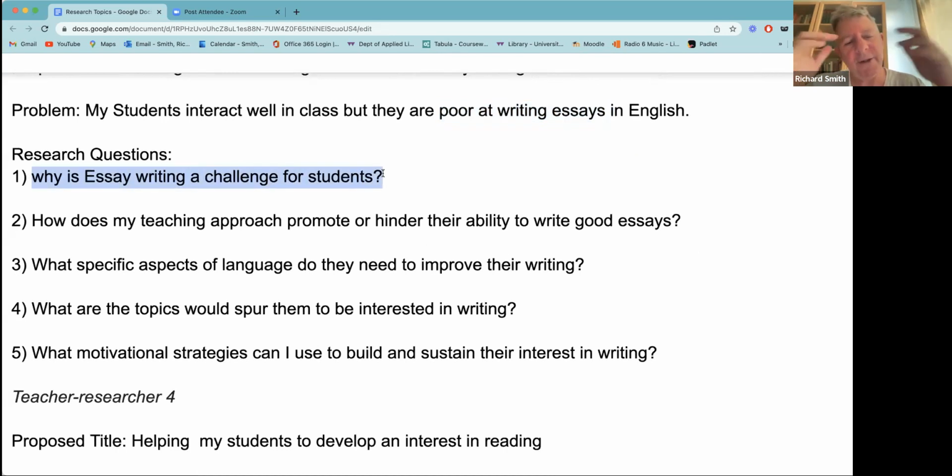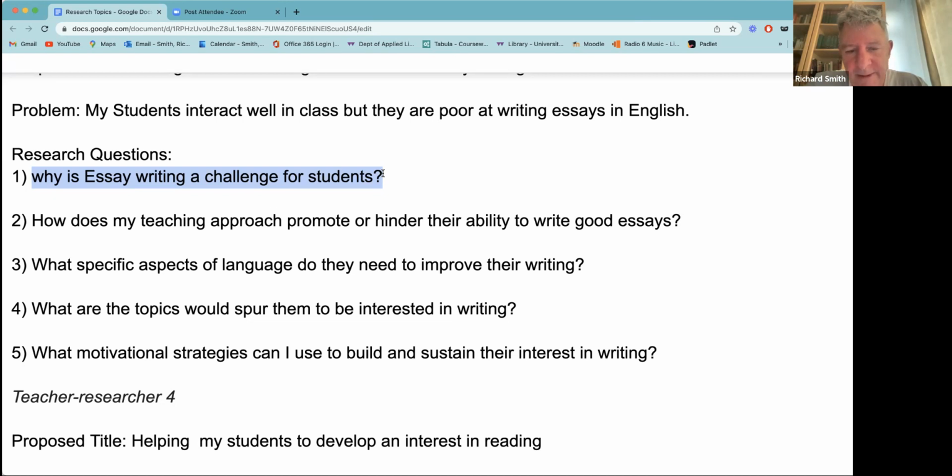I would suggest perhaps that you think you know that it's a challenge for the students, but how about just checking how students see essay writing by a little bit more open question, like what do students say about essay writing? That's quite an open question. What do students say is good, as well as what is problematic, what is difficult for students? That could be a question.